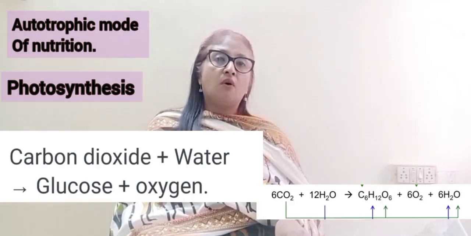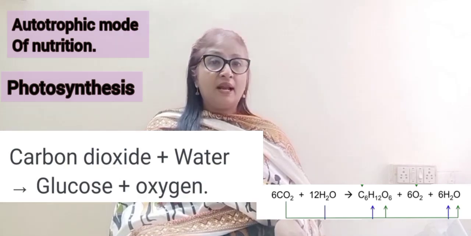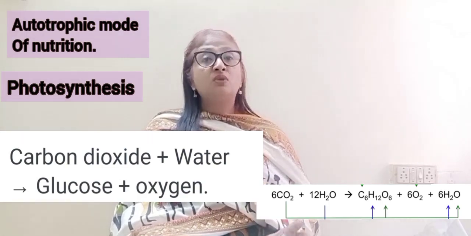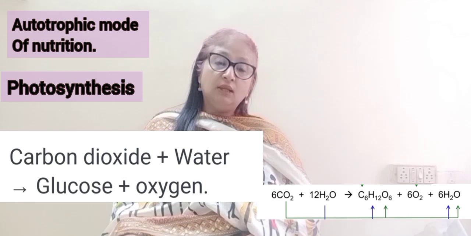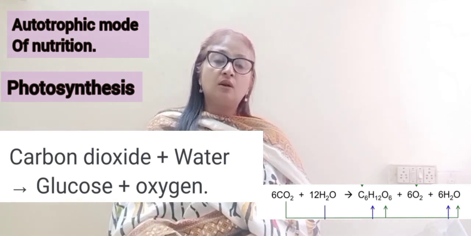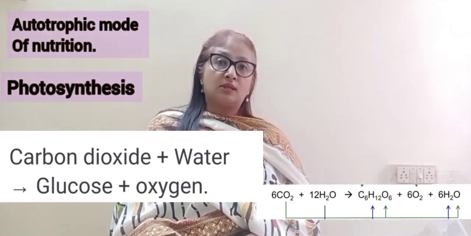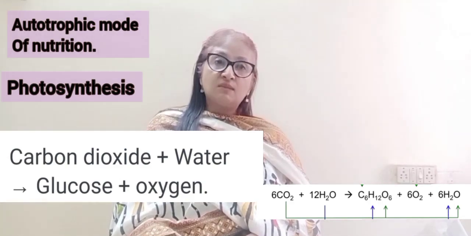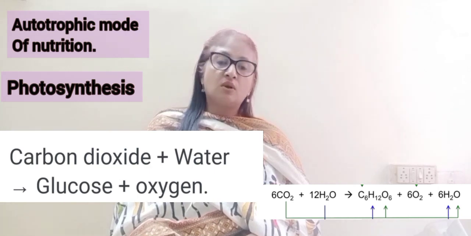6 molecules of carbon dioxide plus 12 molecules of water in presence of sunlight and chlorophyll gives 1 molecule of glucose, 6 molecules of oxygen and 6 molecules of water.